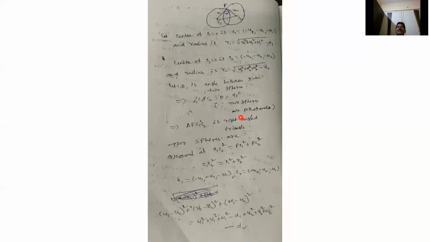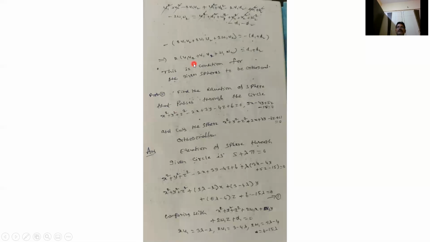It is the same as the angle between the radii through that point. With centres C1 and C2 and common point P, the angle between C1P and C2P is called the angle between the two spheres at the common point.